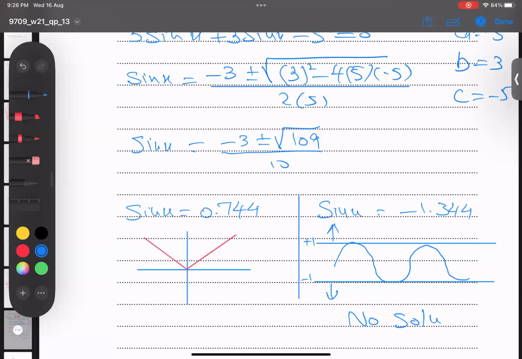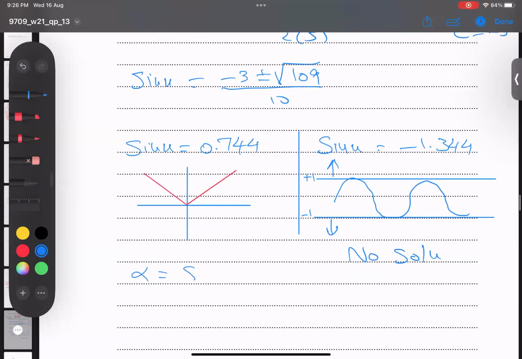Now, first of all, I say this alpha, I mean the principal angle, and sine inverse 0.744. Then I get what here? Wait a minute. Okay, 48.1. So when I type sine inverse 0.744, I get 48.1 degrees.